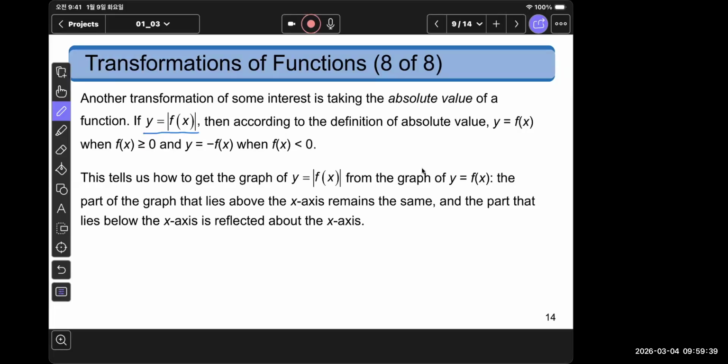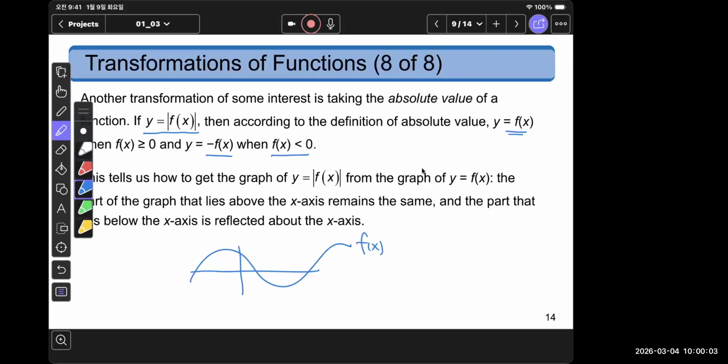So if f of x is non-negative, then the function will be just f of x. But if your function is negative valued, then this absolute value will return negative f of x. So when I have some graph of a function f of x, and you take the absolute value, then these positive values are not altered by the absolute value sign, but these negative values will be multiplied by negative 1.